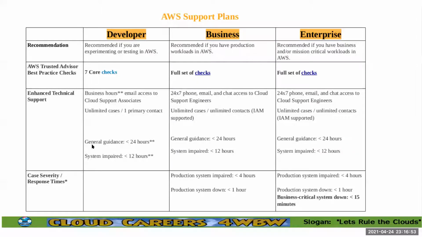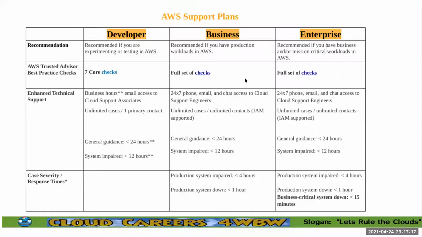So that's why when you see general guidance for less than 24 hours, you see general guidance on business, and you see that in enterprise, because whatever is in developer belongs to business, and whatever is in business belongs to enterprise. For developer, you have just 7 core checks for Trusted Advisor, and the business and enterprise have full checks.